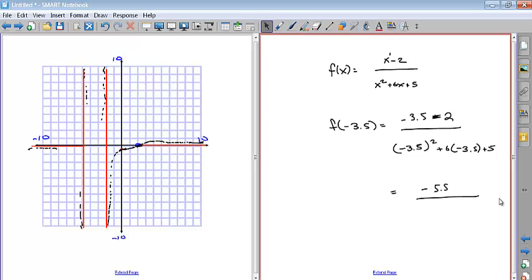Okay, it's underneath my book. So negative 3.5 squared, and then I add 6 times negative 3.5, and then I add 5, and I get negative 3.75.